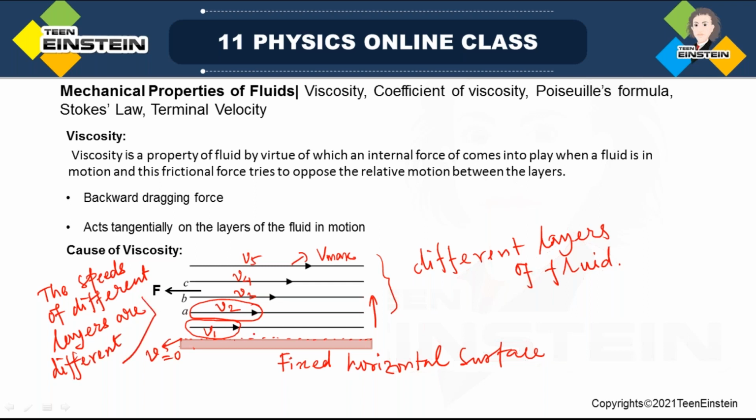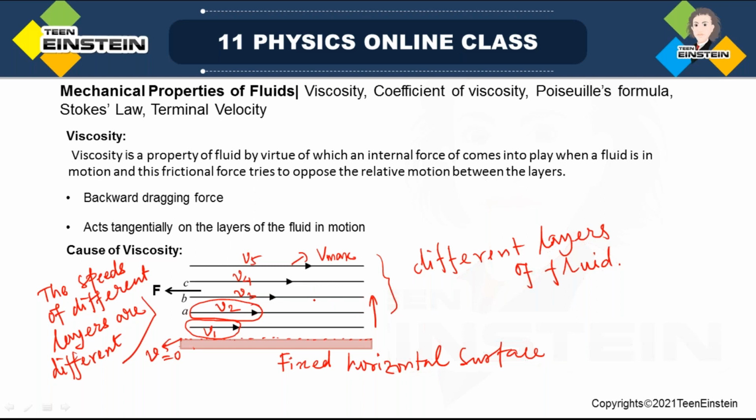If you are very much away from the fixed surface, you have maximum speed, and the others have speeds accordingly. That means they have relative velocity.